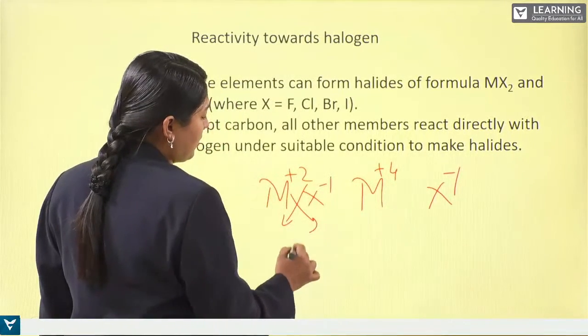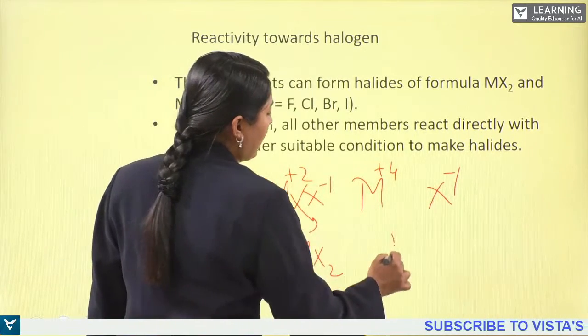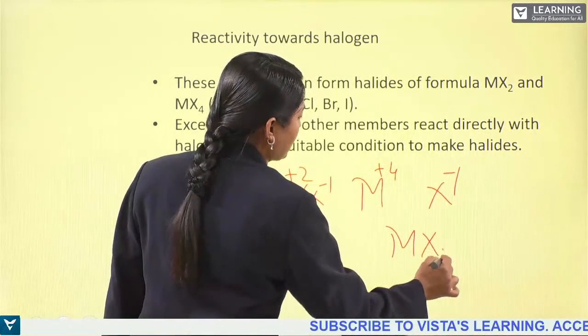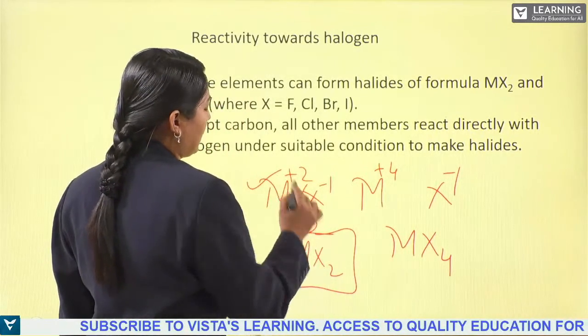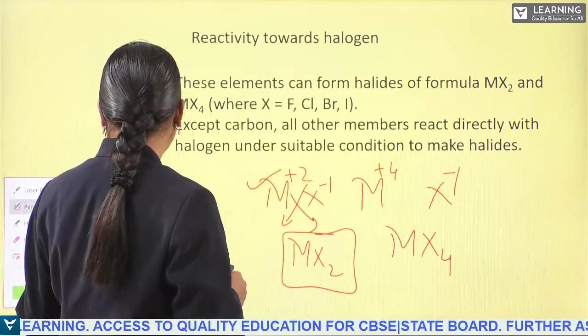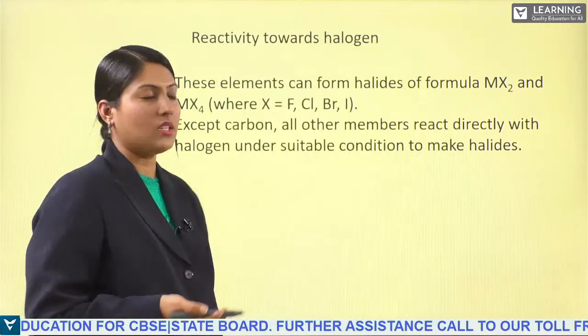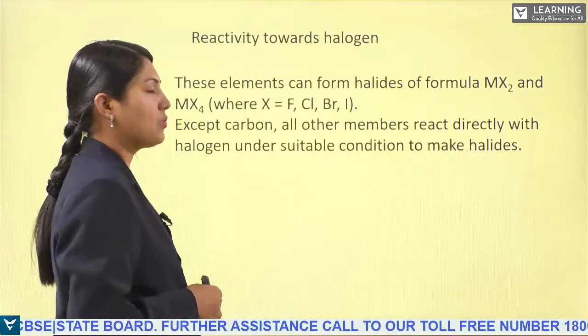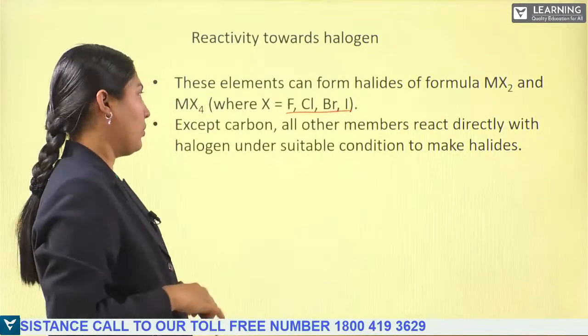So on the crisscross method, we get MX2 and MX4, where X is fluorine, chlorine, bromine and iodine.